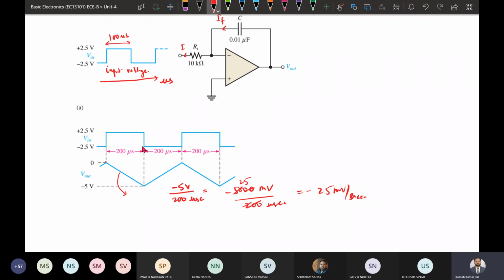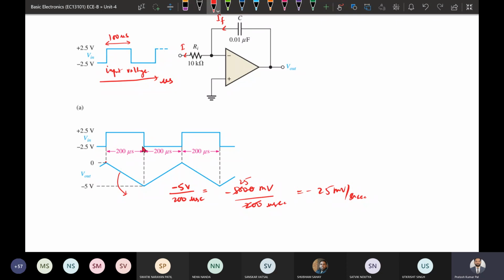That means it is changing from 0 to minus 5, because the overall magnitude of the input is minus 2.5 to 2.5. So the overall input voltage that we are applying is 5 volt. So the magnitude change in output will be 0 to 5 volt. But this change will be for 200 microsecond.